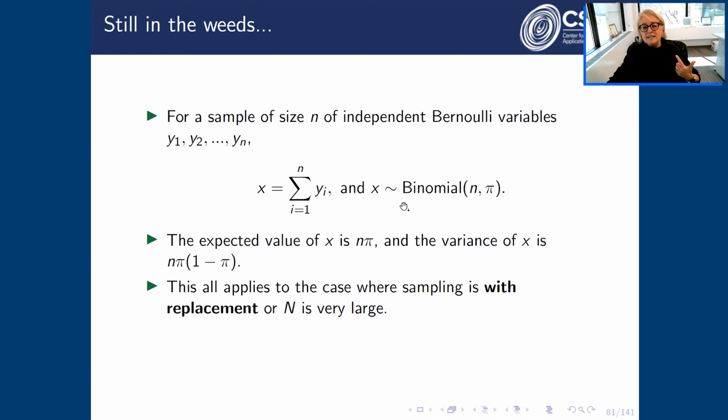It simply says that if I have n trials, in other words a sample of size n from this population, where each item has equal probability of success pi, then x has this statistical model. The expected value of x is intuitively just n times pi, the probability of success of any one y multiplied by the sample size. And the variance is just n times pi times 1 minus pi.